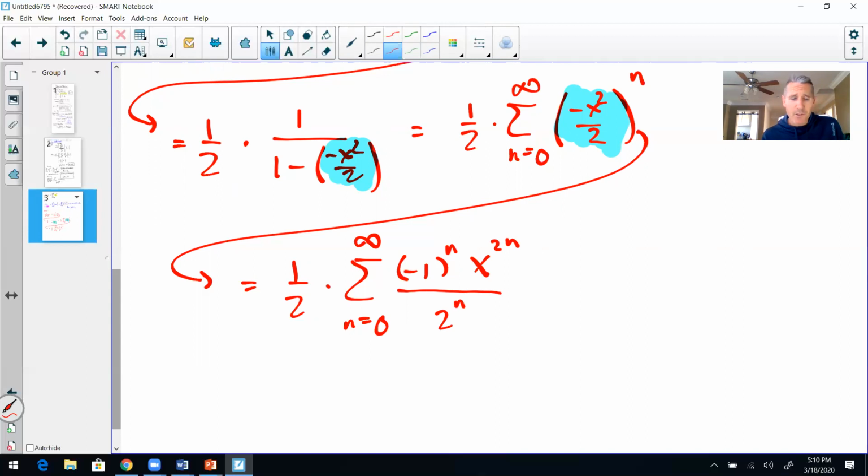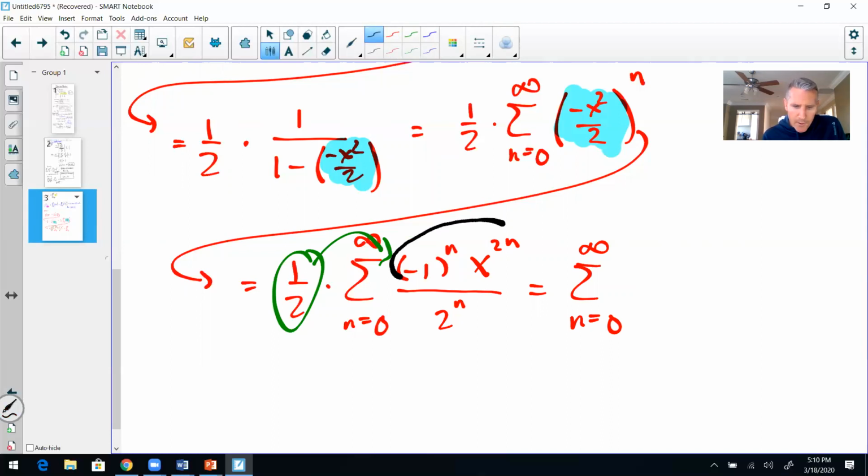Now, the last thing I would do is, well, if this 1/2 is out in front, let's multiply it in. Don't worry, it's not hard. It just ends up being the summation as n goes from 0 to infinity of, I'm multiplying the whole numerator up here by this numerator right there.